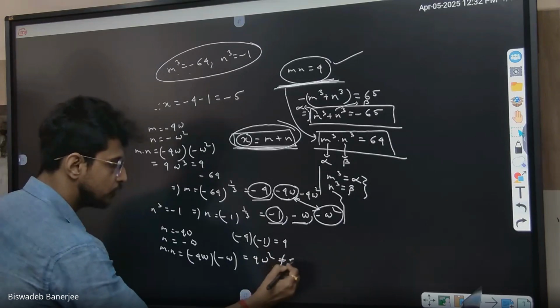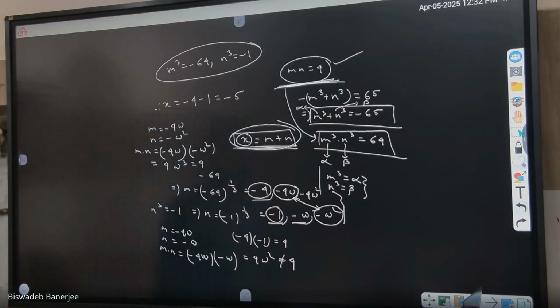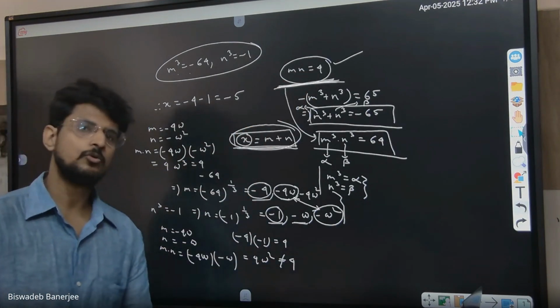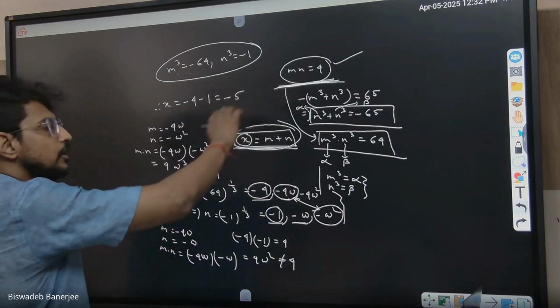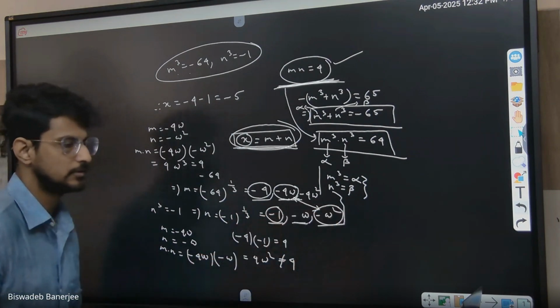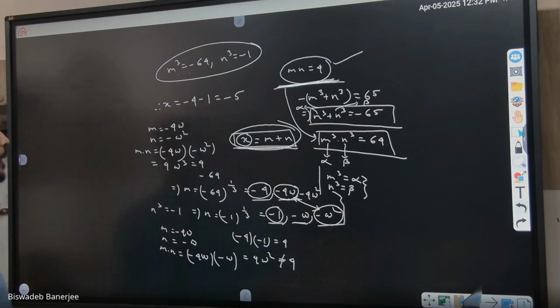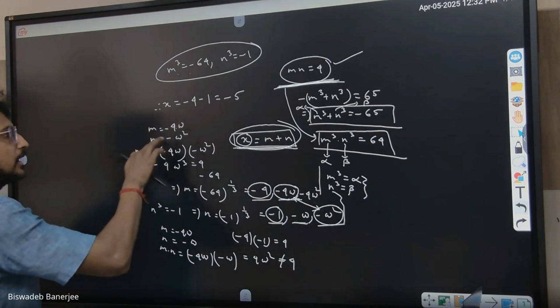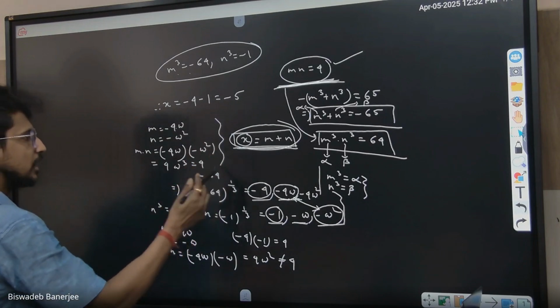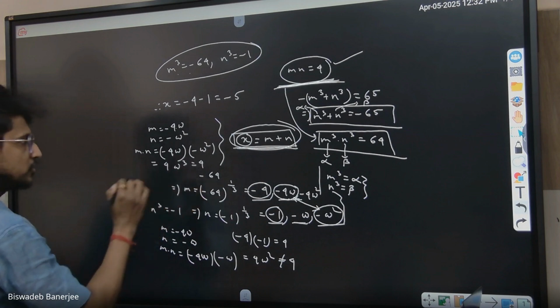It is not equal to 4. So this condition is not satisfied. But as we know, we must satisfy this condition, m into n equal to 4. So we must take m equal to this and n equal to this. That is why we have taken m equal to this and n equal to this, so that their multiplication gives you 4.